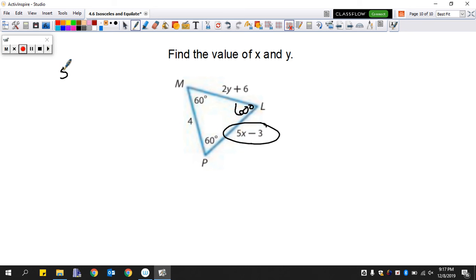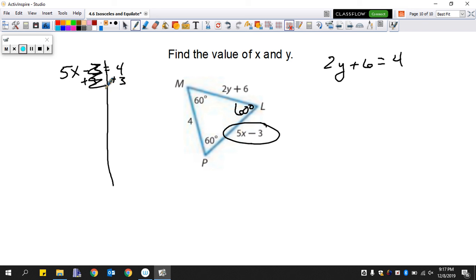So we have 5x minus 3 is equal to 4. We also know that 2y plus 6 is also going to be equal to 4. So when we solve that, we're going to add 3 to both sides.